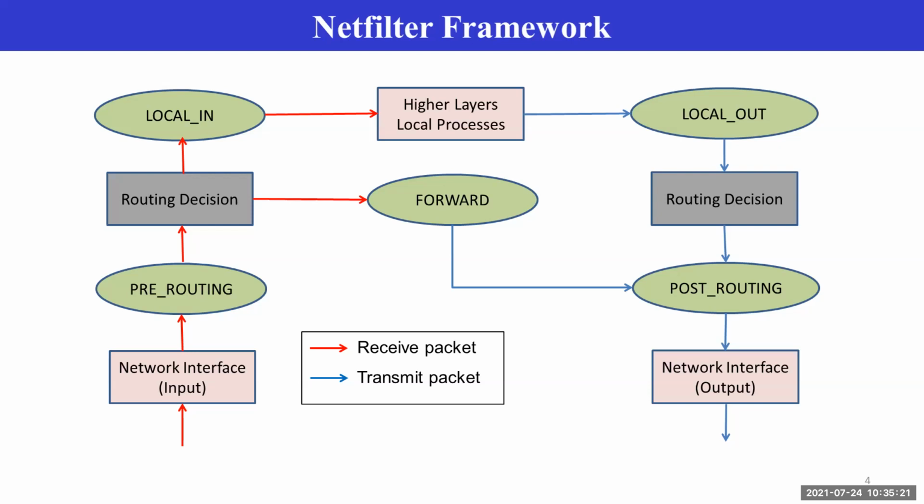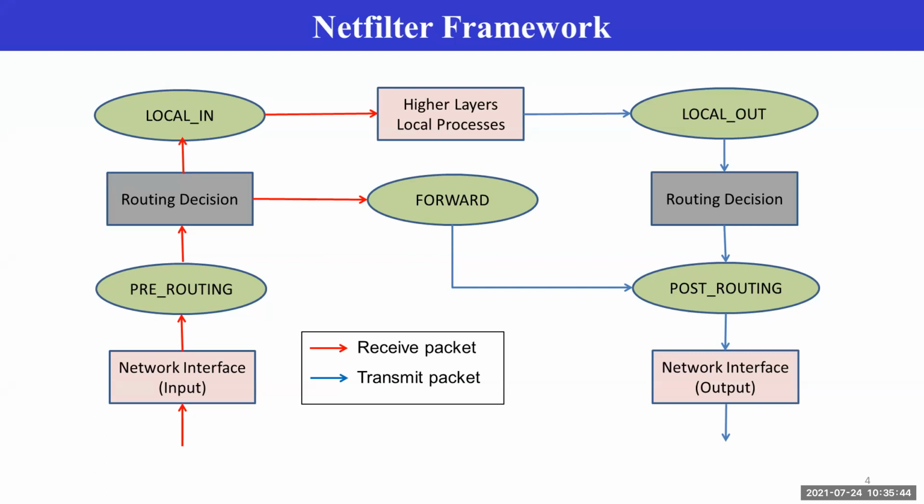On the other hand, if the packet is originated by an application on that particular machine, then the first hook point it hits is LOCAL_OUT. All the callback functions will be called, and once that is done, the packet needs to be transmitted to the driver.